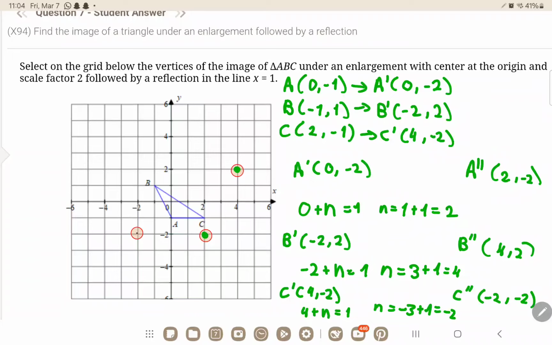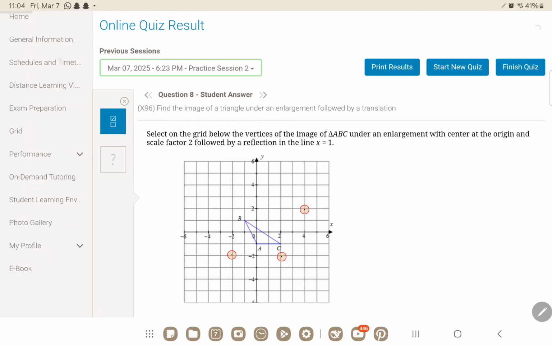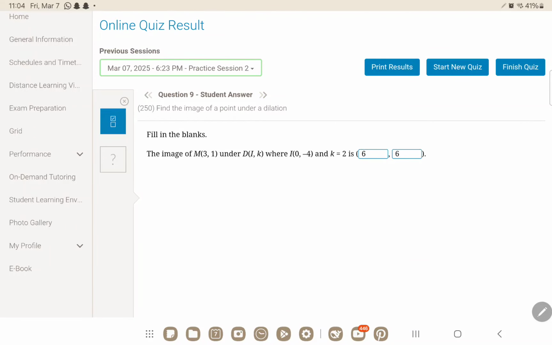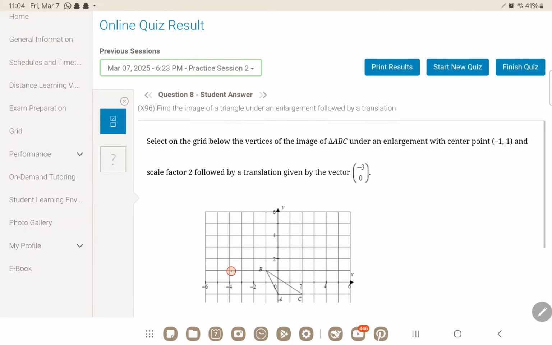So our point is at -2, -2. And this would be our new triangle. Now, I think there's only like one more question of these types. Let me check. Yep. Now let's begin.